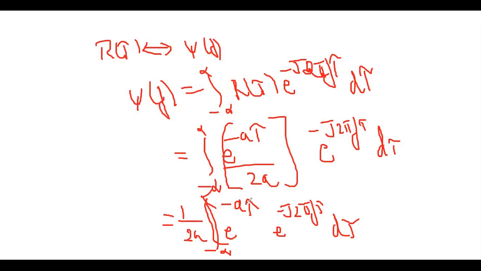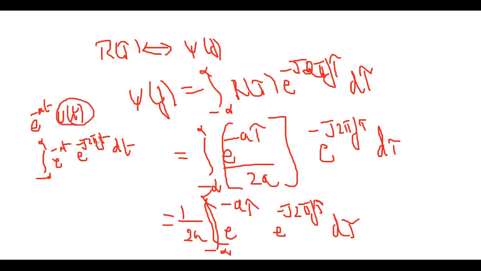But here it is not given with mu of t. When it is taken with mu of t, definitely you can say it is e power minus at mu of t, and the Fourier transformation is the integral from minus infinity to infinity of e power minus at into e power minus j 2 pi f t dt. But here tau is there, and there is no multiplication factor of mu of t.